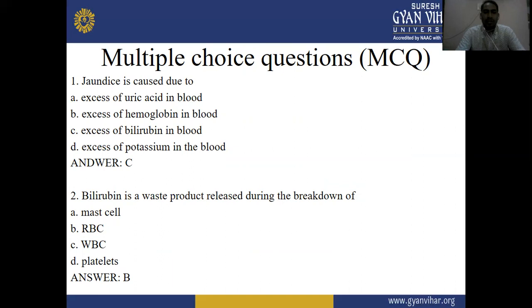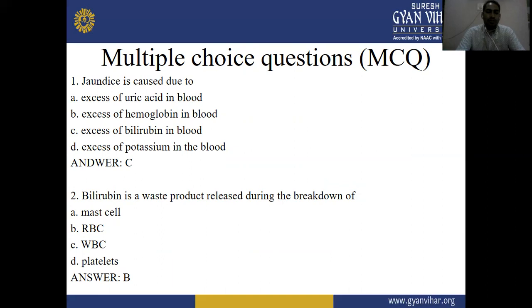The right answer is C. Jaundice is caused due to excess of bilirubin in blood.